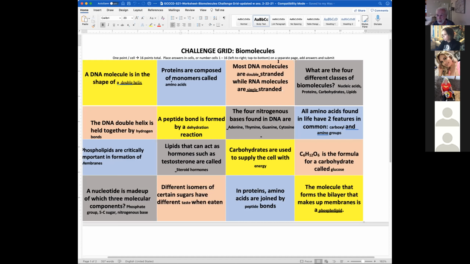I've got one, Professor. This is Bennett. On the one where it's got the formula for glucose, could the answer simply be sugar? Or do you want a certain kind of sugar? Sugar could be any number of things, and not all sugars satisfy this formula.